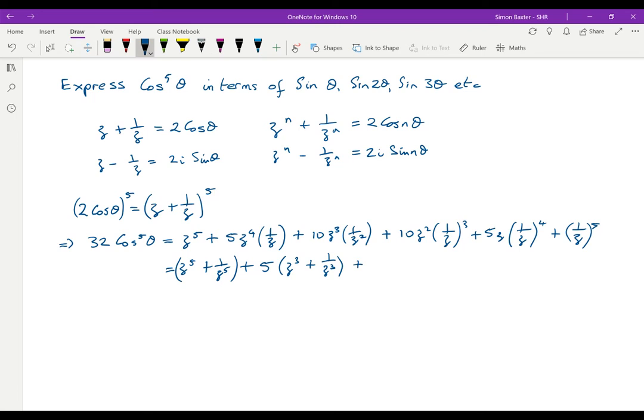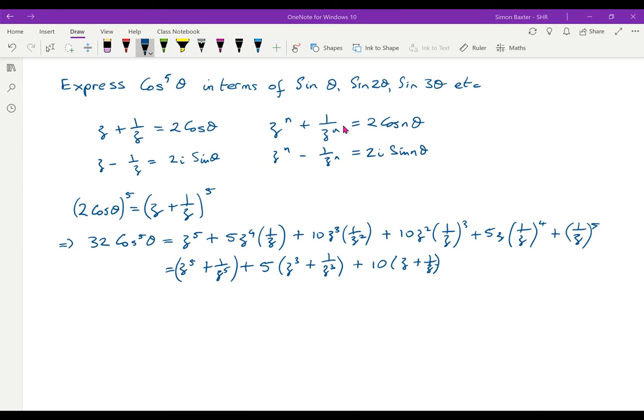And let's look at the 10 now. First of all, with the 10, we have z cubed over z squared, which is z. Then we've got z squared over z cubed, which is 1 over z. z plus 1 over z. So now this one is 2 cos 5 theta.